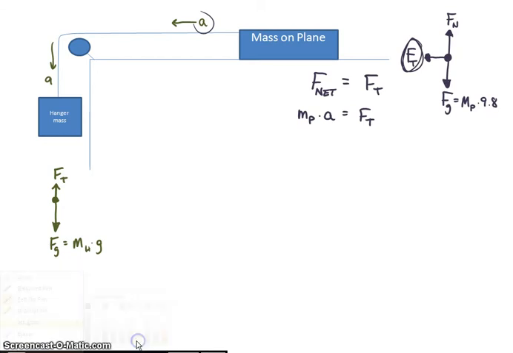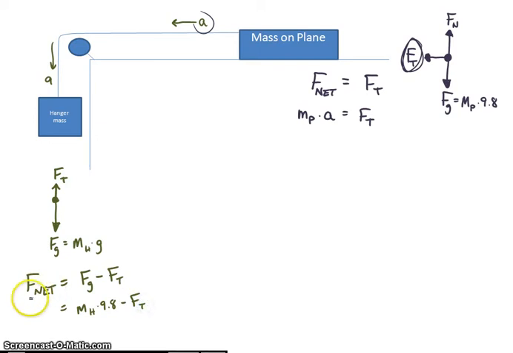okay? So I'm switching colors back here. This force, and I'm going to call it net again, is equal to my weight minus my tension. In other words, my weight was just the mass of the hanger times 9.8 minus the force of that tension.